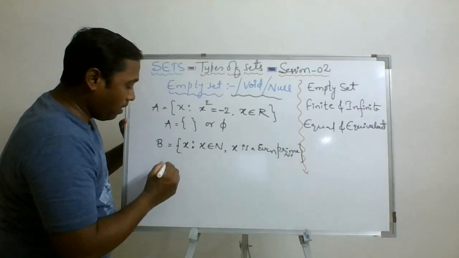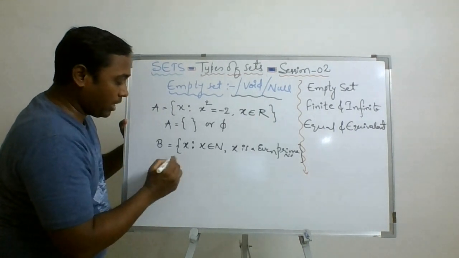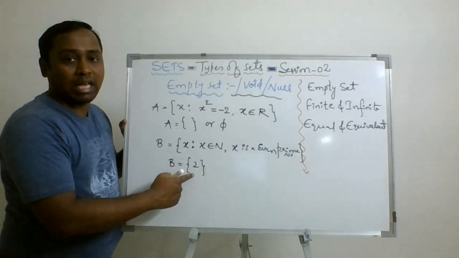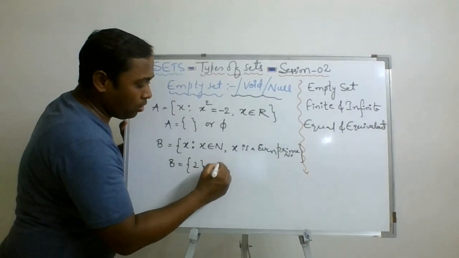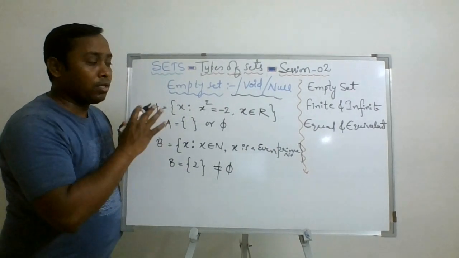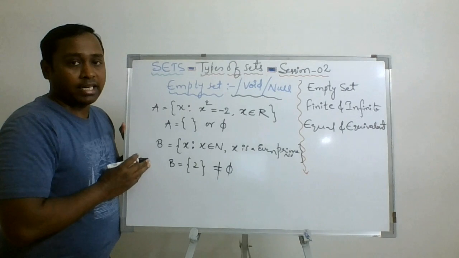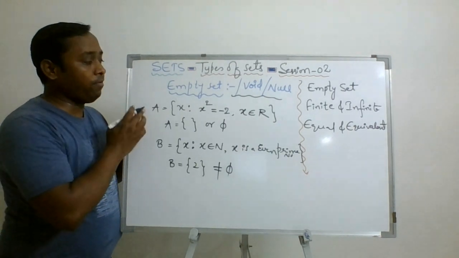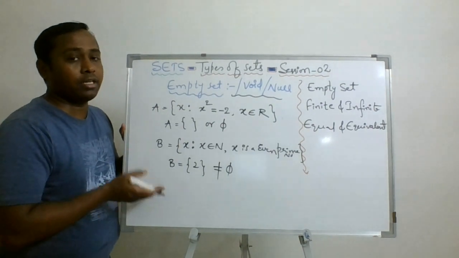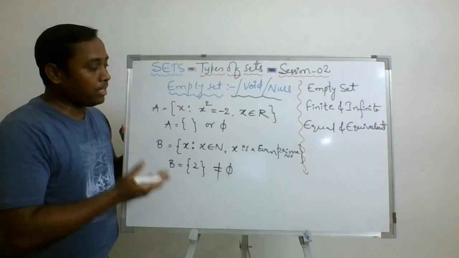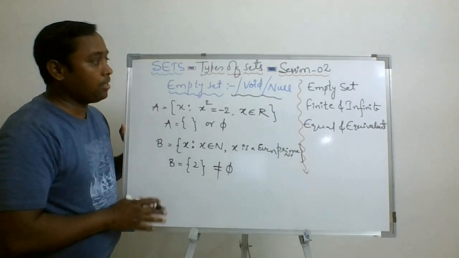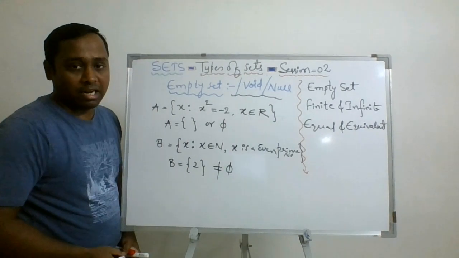Hence the number satisfying the given property is the element 2. So it has one element, hence it cannot be a null set. As a beginning of the second exercise in the NCERT, you are given some sets where you need to decide whether each is an empty set or not, just by listing their elements in roster form, nothing else. Now coming to finite and infinite sets.